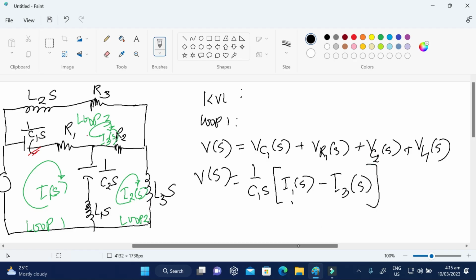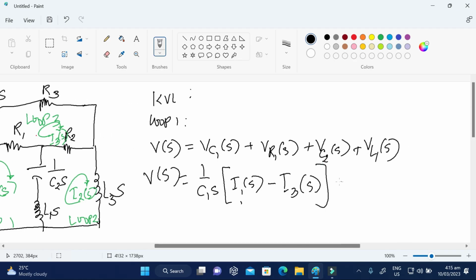Plus R1, the impedance multiplied by the current flowing across R1, which is the difference between I1 and I3.